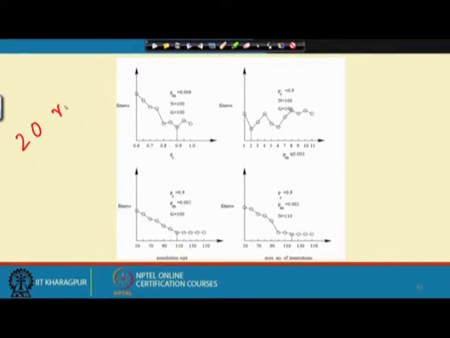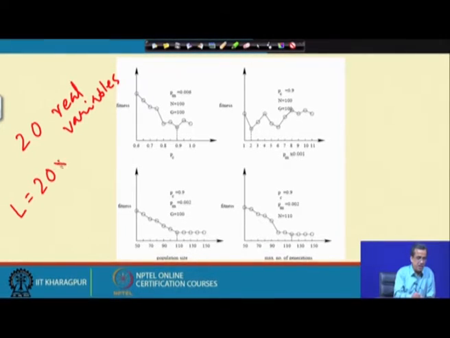Let me assume that I consider 10 bits to represent each of the real variables. So, what should be the GA string length capital L? That should be 20 multiplied by 10. So, it is 200. So, there will be 200 bits.